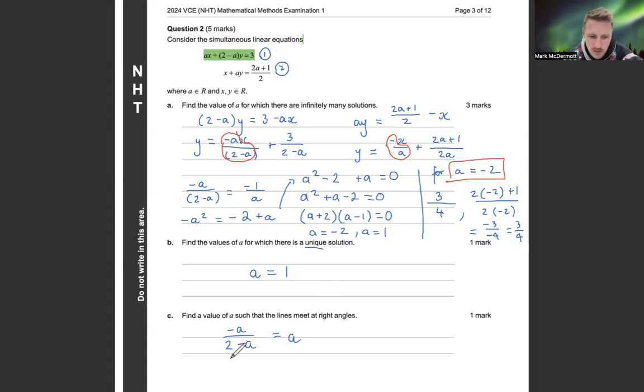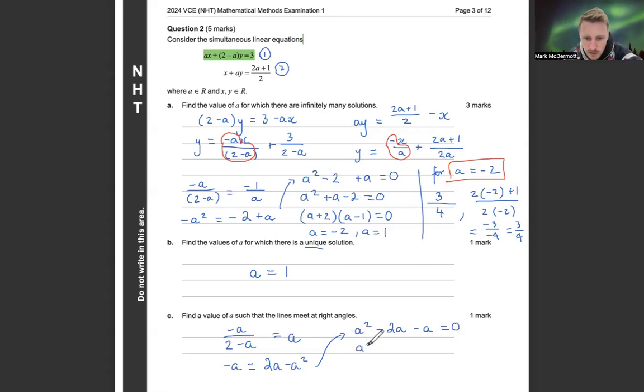So try and solve this now. What are we going to get? We're going to get -a equals 2a minus a squared. Okay, and then let's try and solve this. We're going to get a squared minus 2a minus a equals 0.